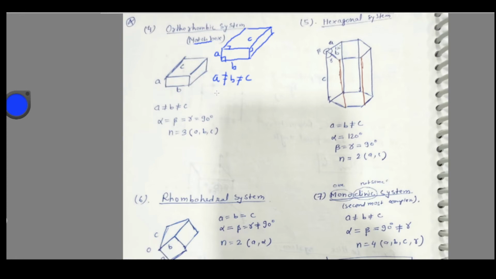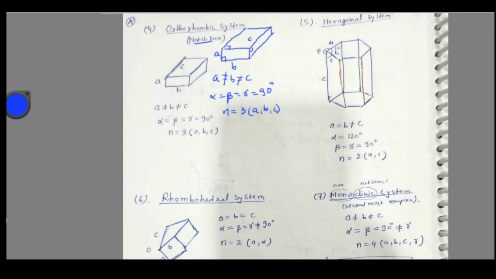So alpha is equals to beta is equals to gamma is equals to 90 degree. And independent parameters are 3, means A is not equal to B, not equal to C. So these are independent variables, not dependent on each other.